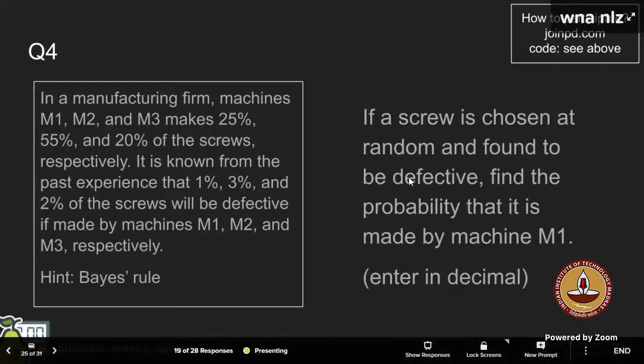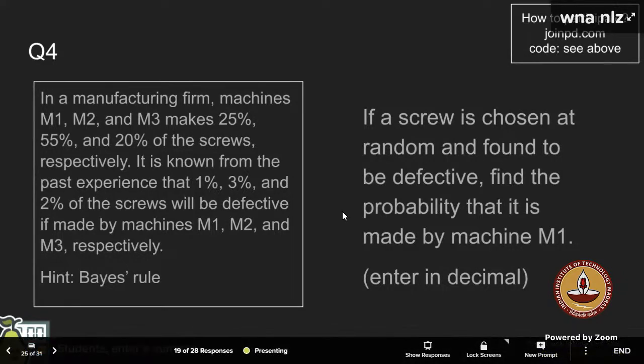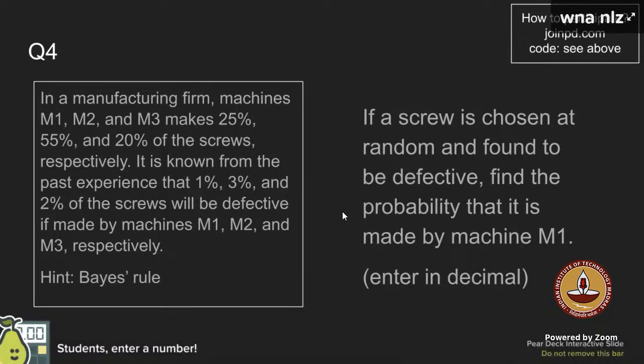The end result is given: found to be defective. I choose a screw and what I get at the end has been given to me. In such questions, go for Bayes rule. When you know what you are getting at the end, you have to find something in the middle, like whether it came from machine 1. You know what you were getting at the end, so Bayes rule.